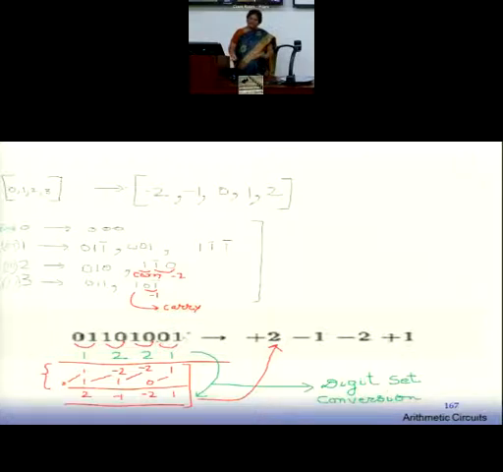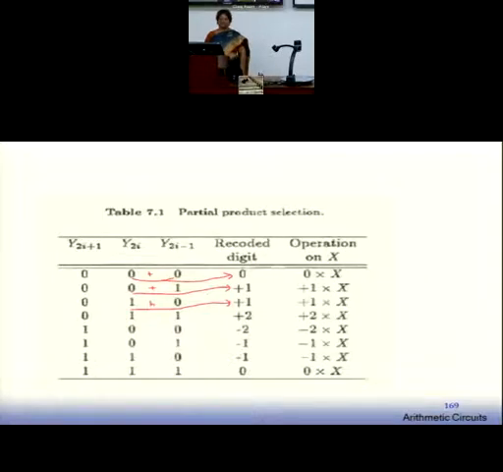And just as we did last time, we can now create a table. Remember what we did in recoding? We want more zeros.